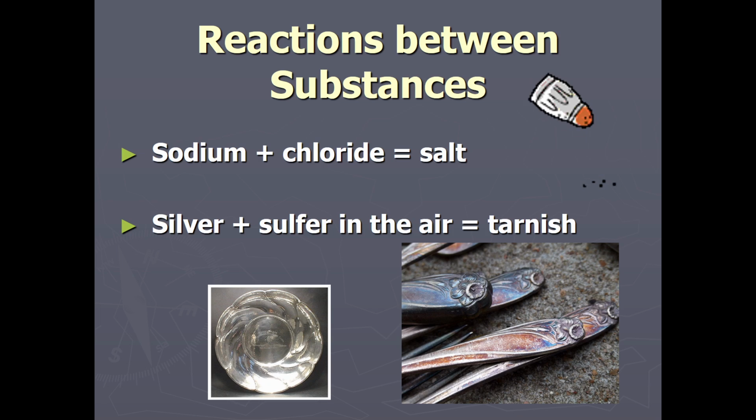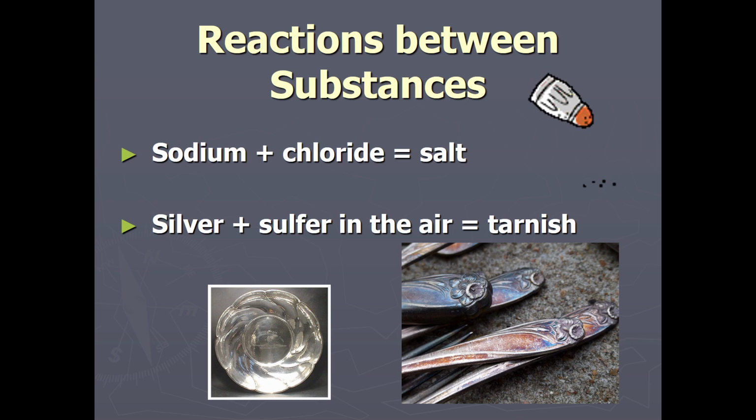Reacting between substances: if you take sodium and chloride and combine them together chemically, you make sodium chloride, which is table salt. Silver and sulfur from the air can cause tarnish. That's what gives you this color on silverware, this real silverware.